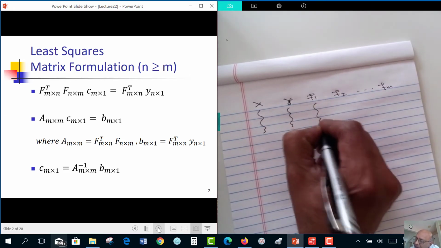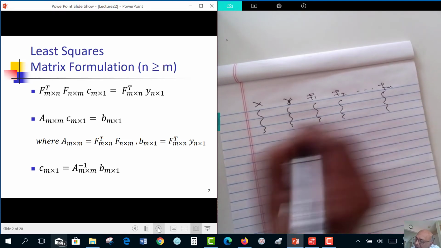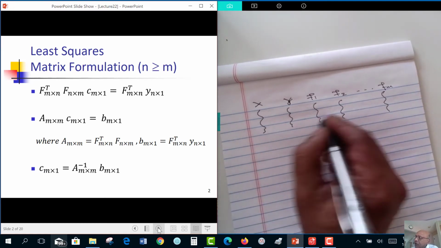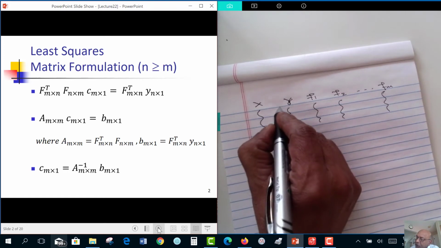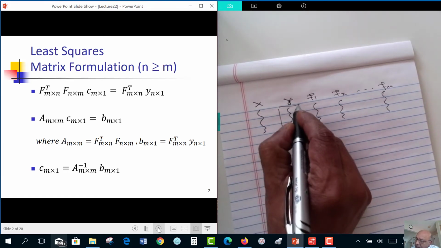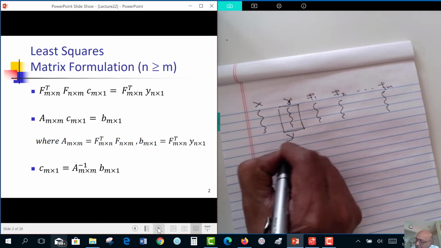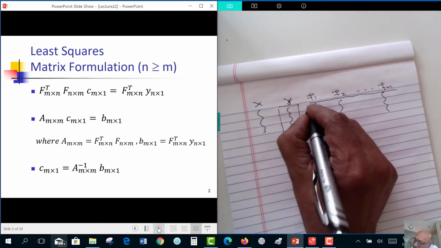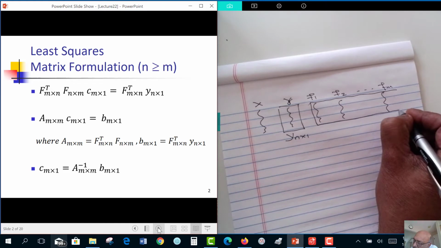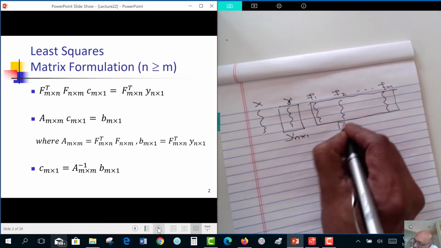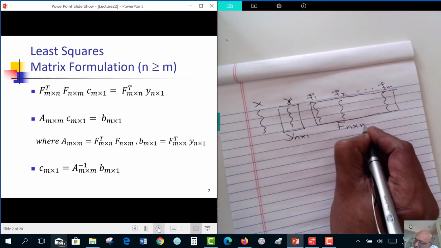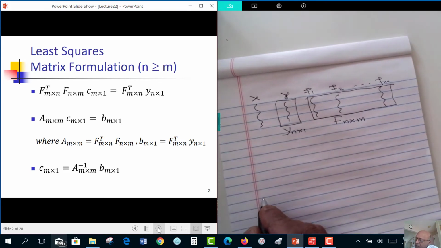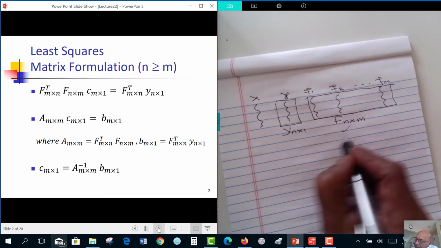So we evaluate these functions. These are functions of x. We know x, so we know these functions. Therefore, we now have a y matrix, n by 1, and we have a function matrix, f, n by m. So in our matrix formulation, we know both of these.